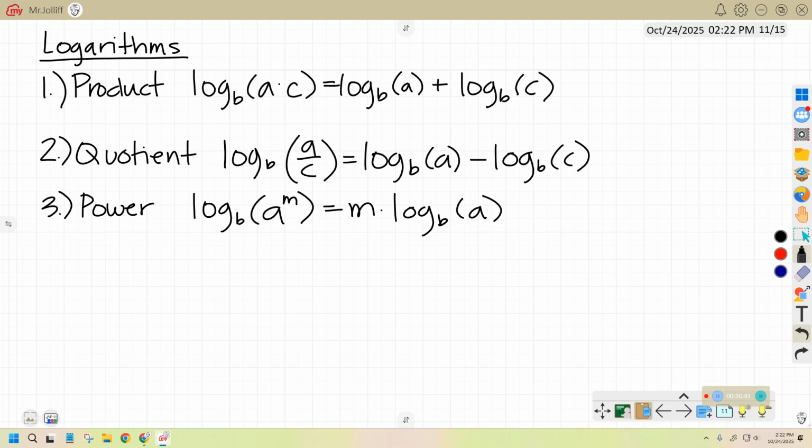Okay, so we're going to practice a couple examples using these rules to help us expand expressions, write them in long form, and take long form expressions and squish them together into a single log. Yeah?